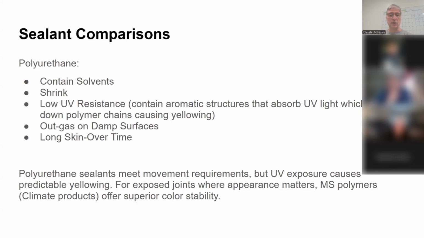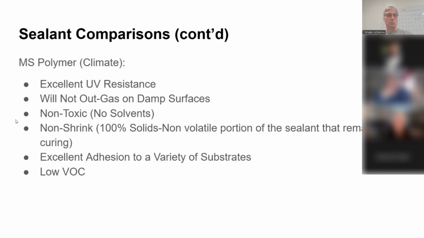So again, they meet movement requirements, but UV exposure causes yellowing. And so where you have appearance that matters, our products are going to have superior color stability. And then, of course, ours, MS Polymer, has excellent UV resistance, doesn't outgas on damp surfaces, non-toxic, non-shrink. It's 100% solids.